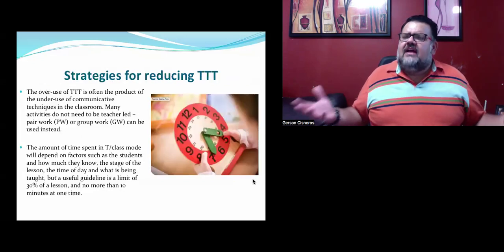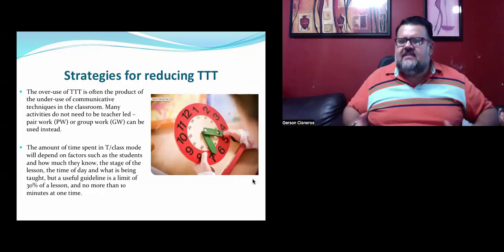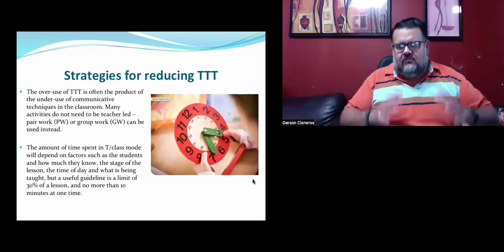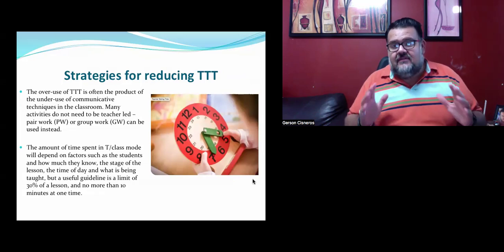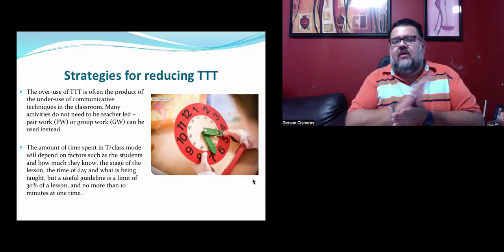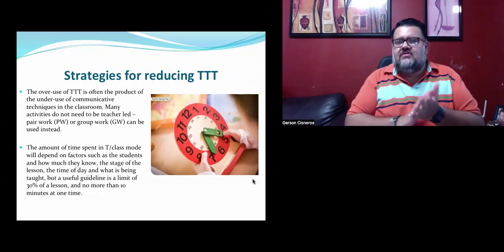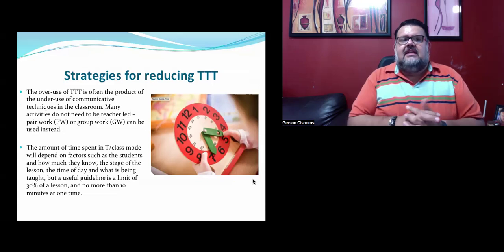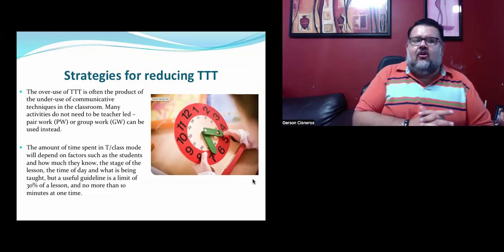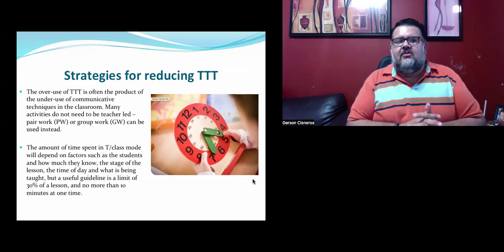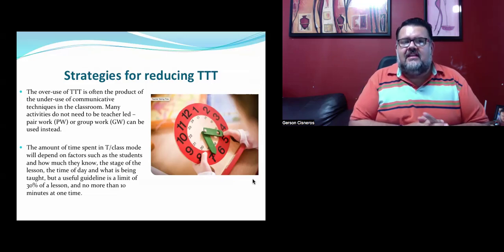So what are some of the strategies? Okay, we established that TTT is bad. You know, not bad, but excessive TTT is bad. So what are some of the strategies for reducing TTT? Well, number 1, the overuse of TTT is often the product of underuse of communicative techniques in the classroom.